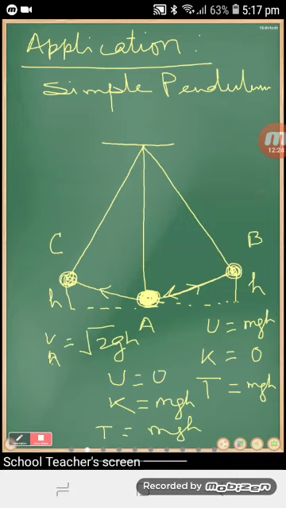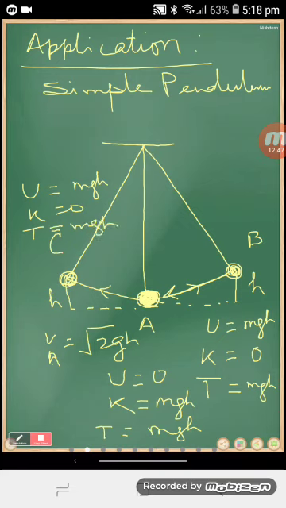As the height is gained, the velocity decreases, because at the extreme position, for a very short moment, the velocity of the bob becomes zero. As a result, at C also, U will be equal to mgh, K will be equal to zero, and T will be equal to mgh.